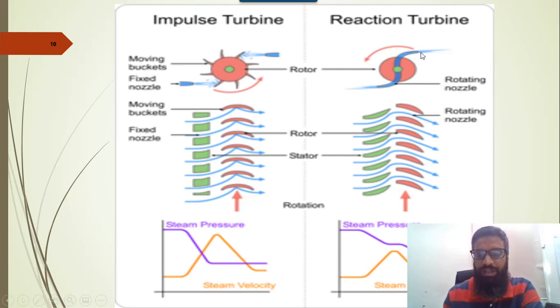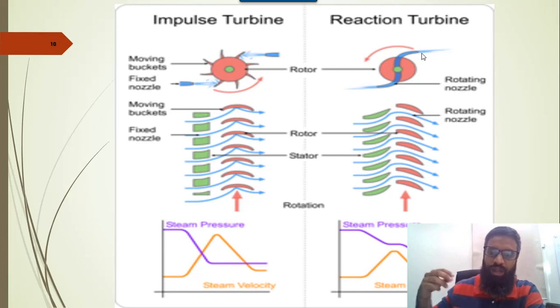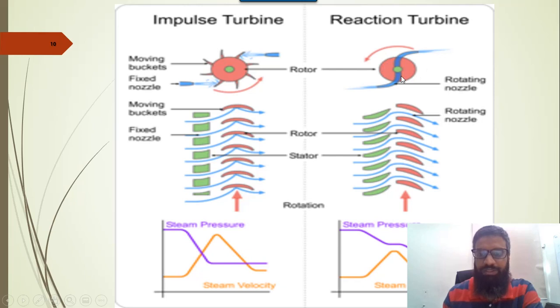While in the reaction turbine, we have a special kind of structure of the turbine, where we use the pressure of the water, and that pressure starts rotating the turbine. So this is the mechanical structure of the impulse turbine, and this is the mechanical structure of the reaction turbine.